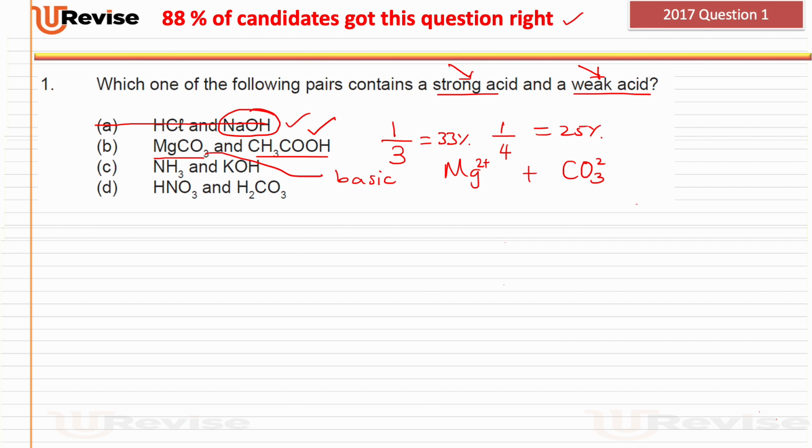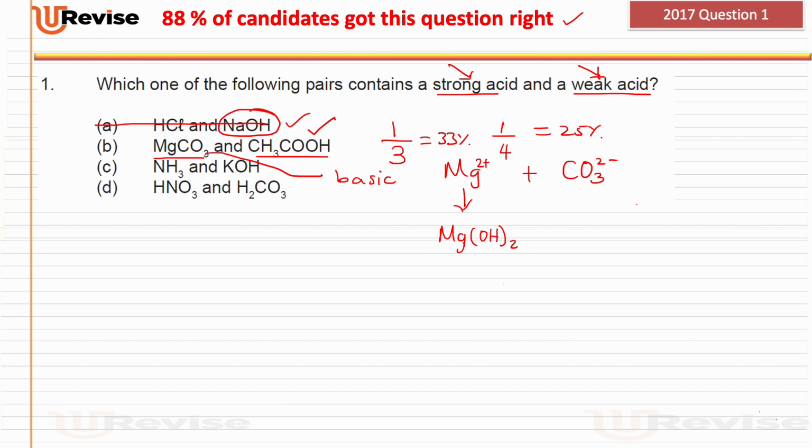Carbonate ions are negative, not positive. Magnesium ions come from a strong base, which is magnesium hydroxide. How do I know this? Because according to the rules, all hydroxides and oxides of group 1 and 2 are considered strong bases.